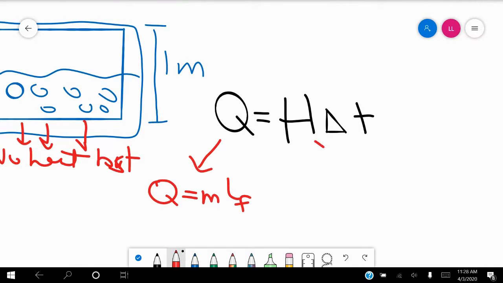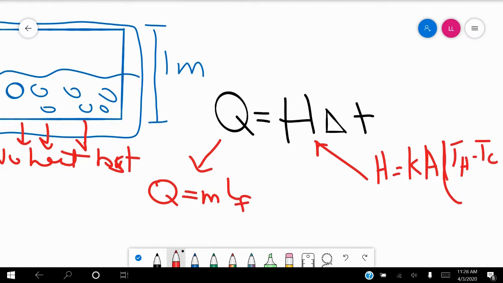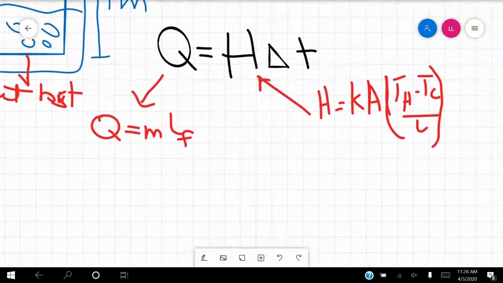And then the H will be the other version of this, of thermal conductivity, which is H equals k A (T_H minus T_C) over L. Those are the two pieces of information that we need to figure out how long this will take.